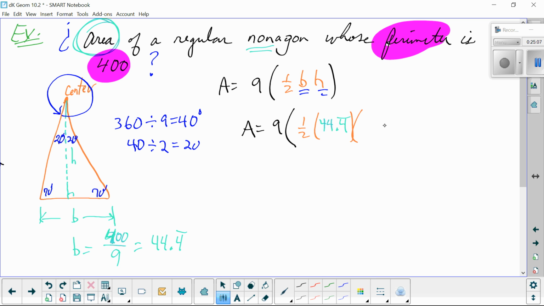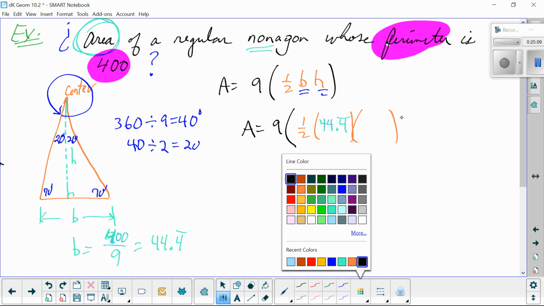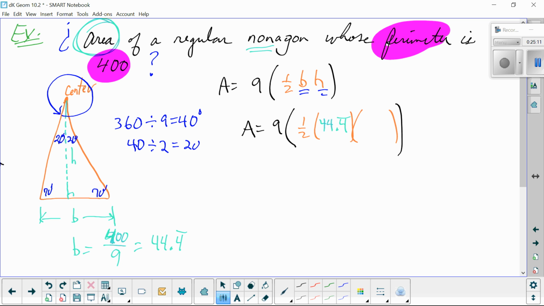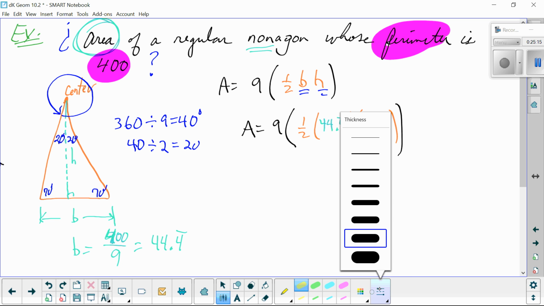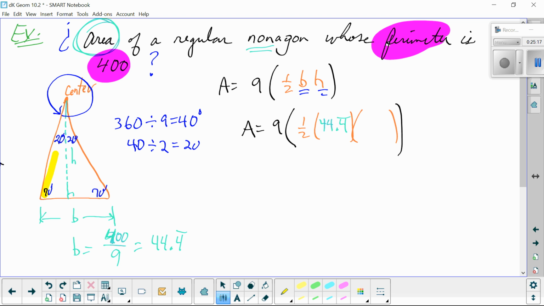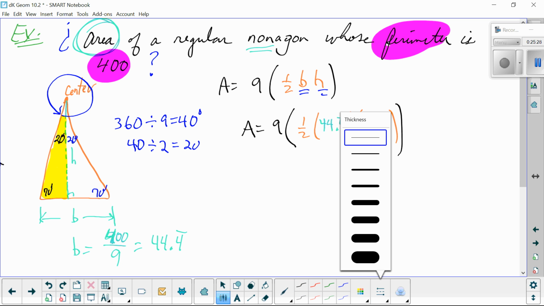Now all we need is the height. All right, so in our triangle, we'll use one of the right triangles, which has a 20-degree angle and a 70-degree angle. And we know that the base is 44.4 repeating.